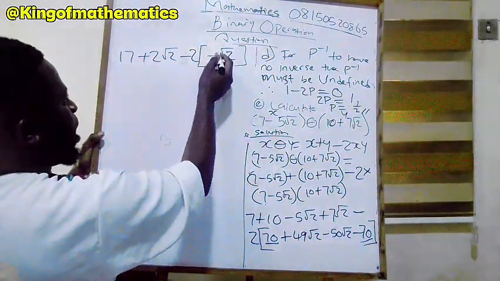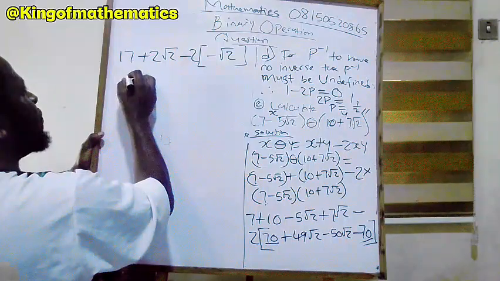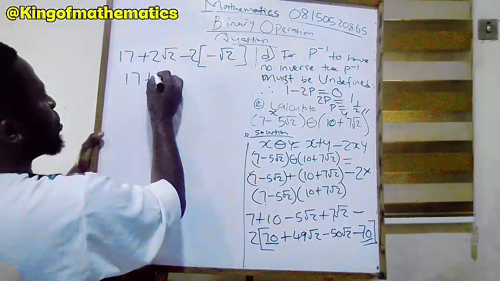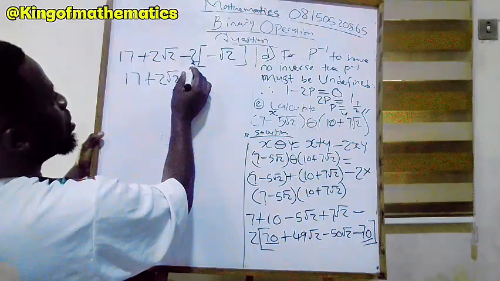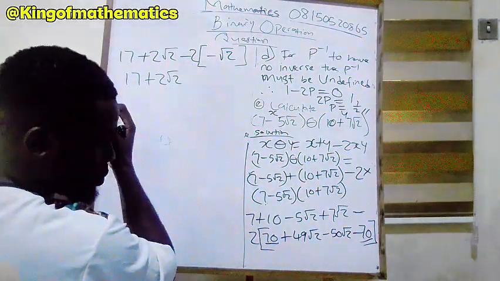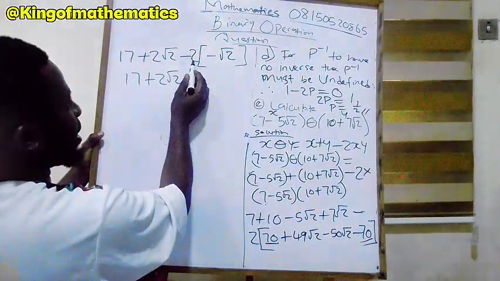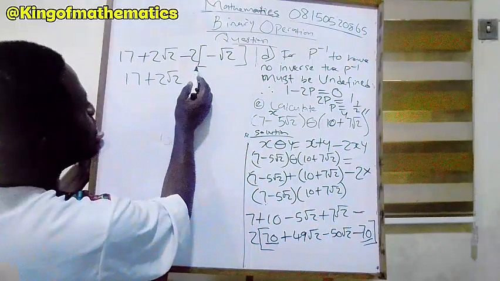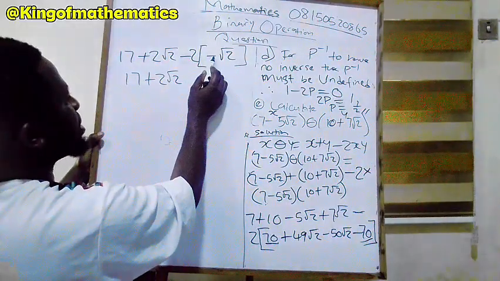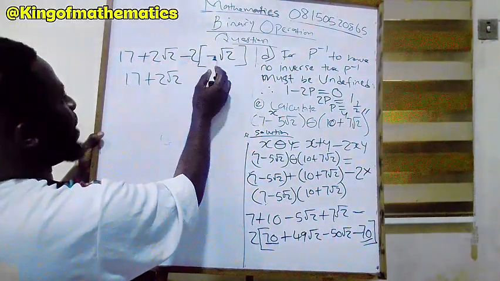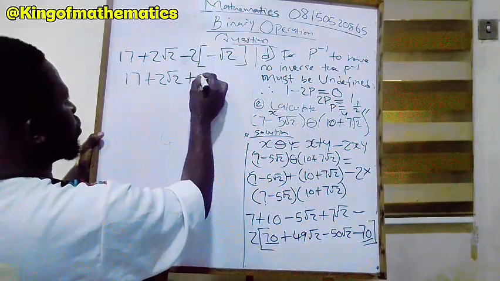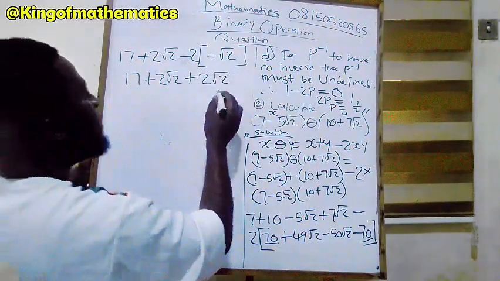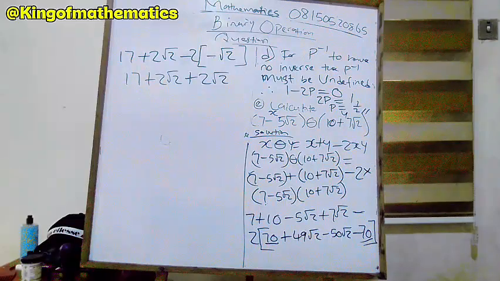But 1 is still obviously there. We now have 17 plus 2 root 2. Then open this bracket. When we open that bracket, that will give us minus 2 times, this is minus and minus. So minus times minus will give you plus 2 root 2. Many learners will make that mistake over here.